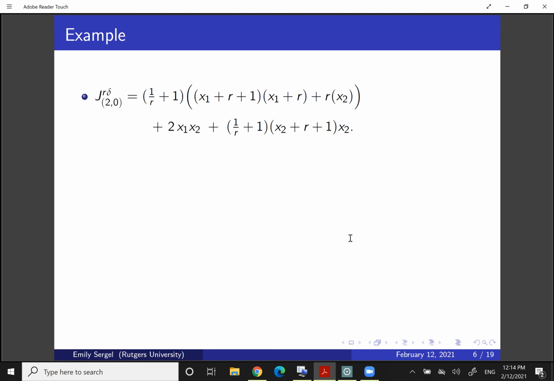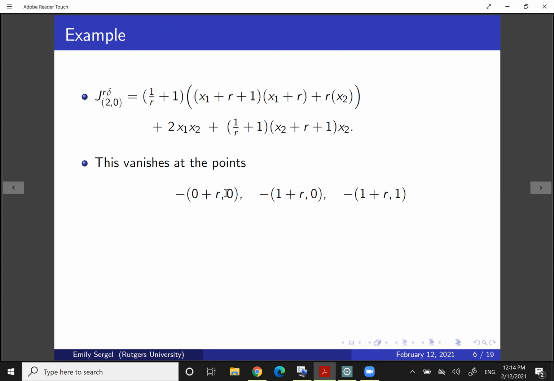But the conditions, right, were that it should vanish at these points. It should vanish at the smaller partition shapes, 0, 0, and 1, 0. And then it should also vanish at the other partitions of size 2. Well, it's a small case, so there's only one, namely 1, 1. And for the first 2 points, when we set x2 equals 0, lots of the stuff here disappear.